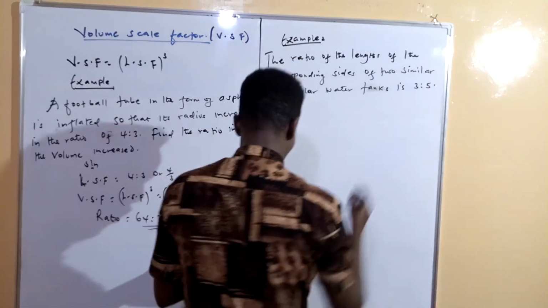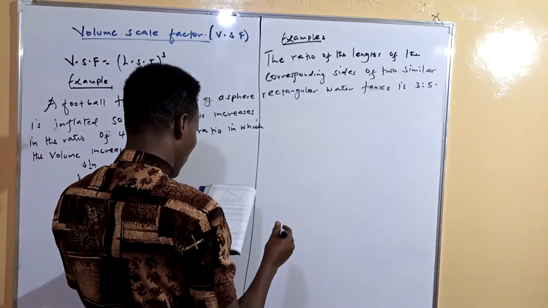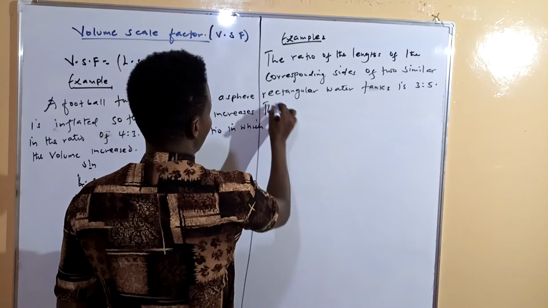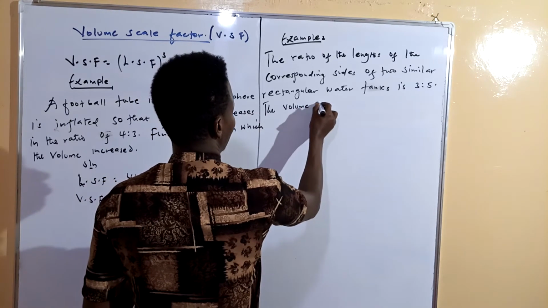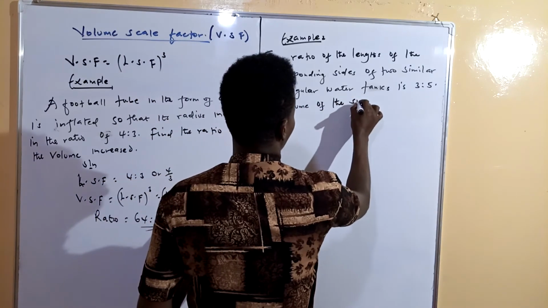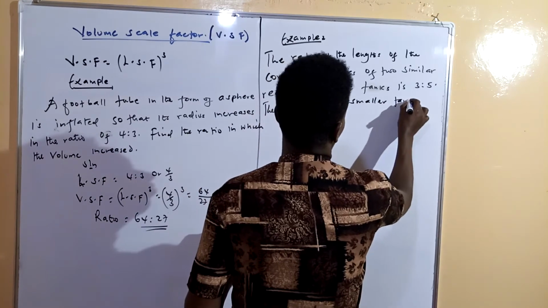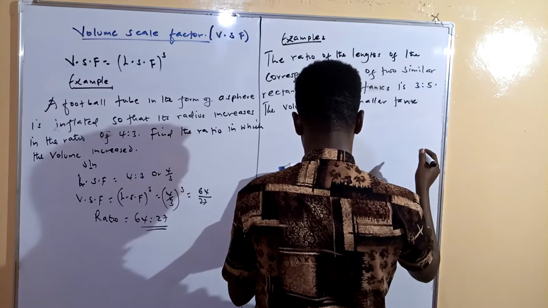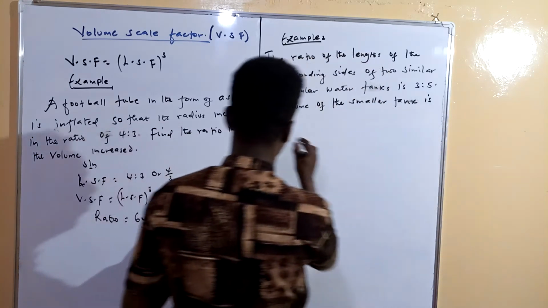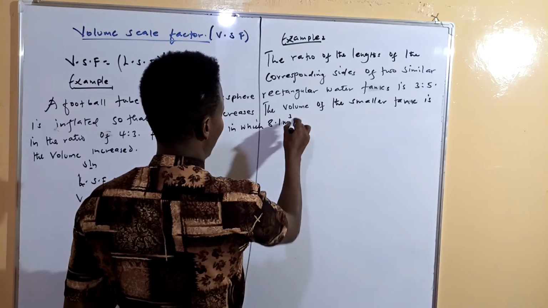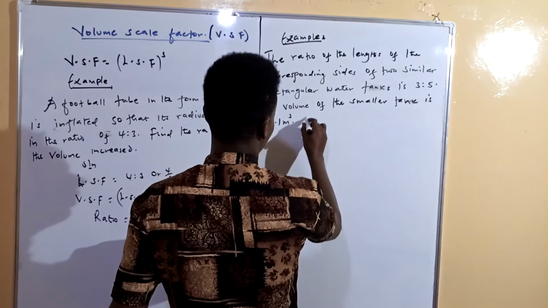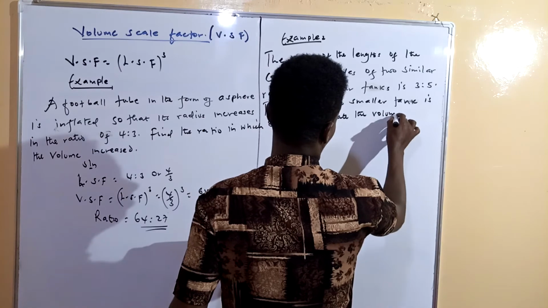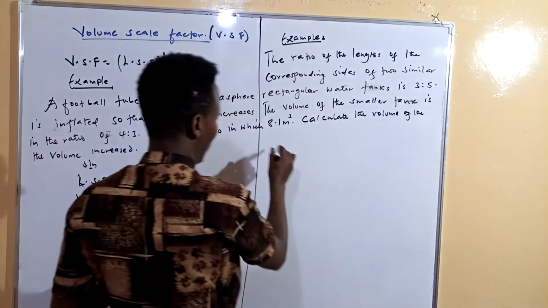You're told the volume of the smaller tank is 8.1 meter cubic. Calculate the volume of the larger tank.